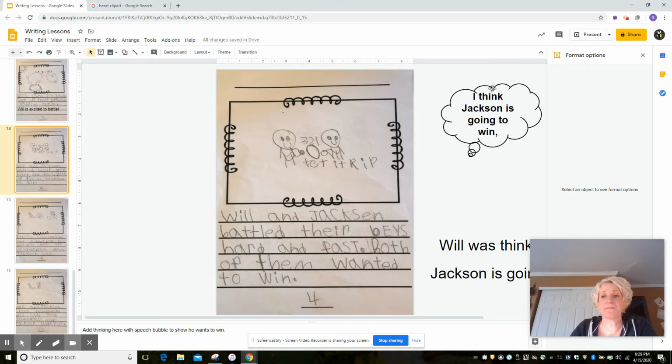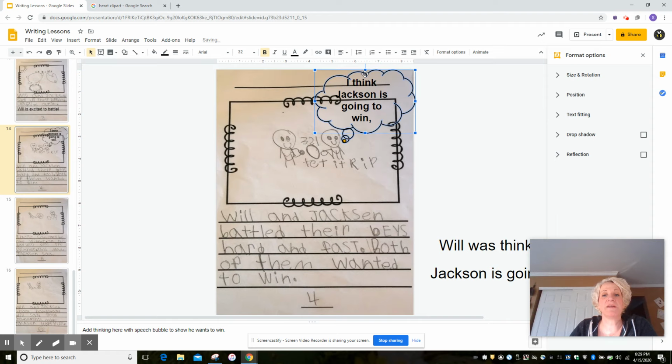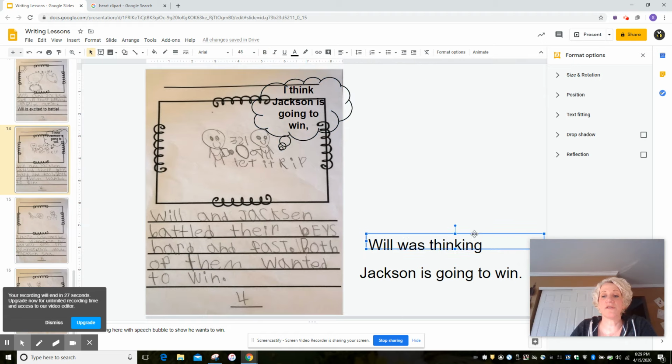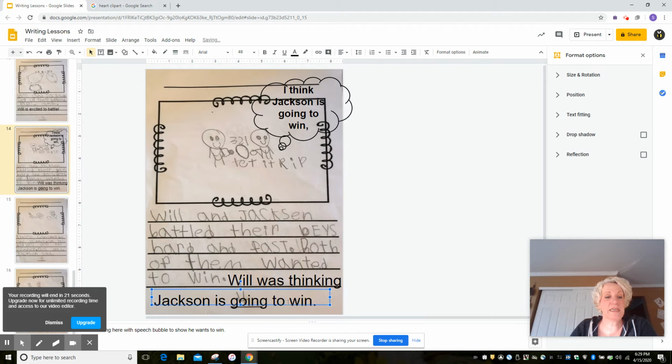Let's make your character Will think that too. So we added a thinking bubble, okay? Because this is what his character Will was thinking. And then we added these words to it. I think Jackson is going to win. So that's what his friend Will is thinking in the story. So remember, whenever we add that thinking, we have to also go back and add it to his words. So we added that down in the words below. Will was thinking Jackson is going to win.